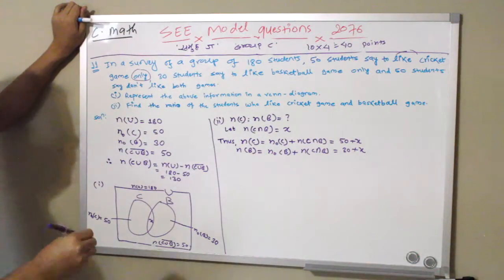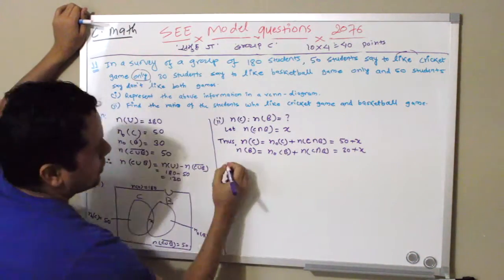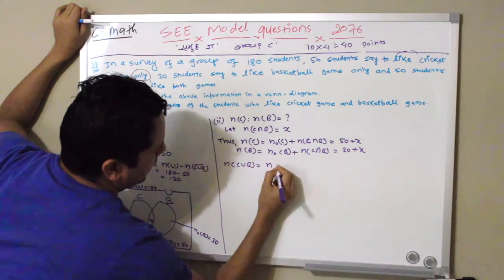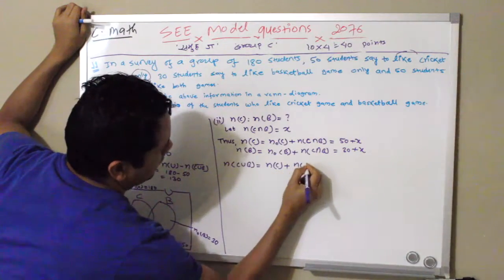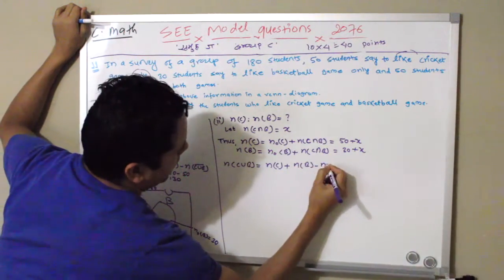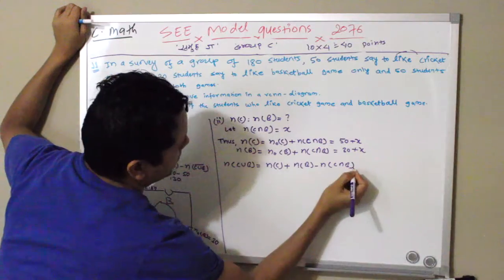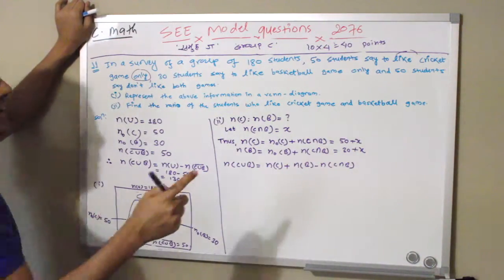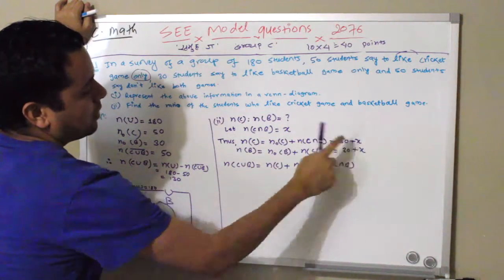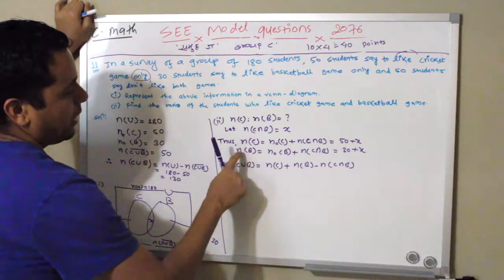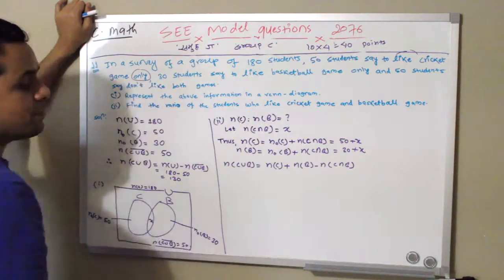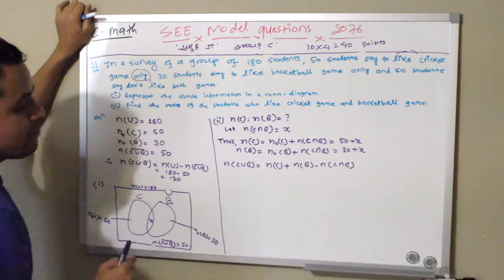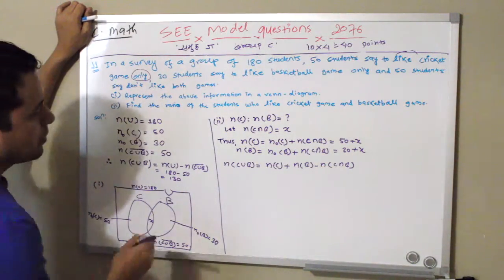Now we know the formula of a union. Number of C union B is nC plus nB minus n(C intersection B), because I need to find the value of X. This is just a regular formula.